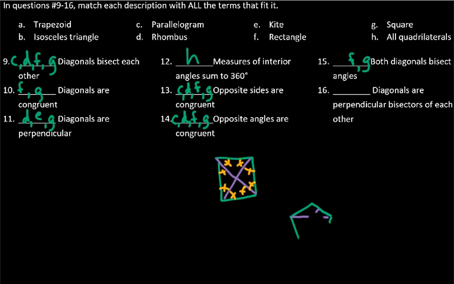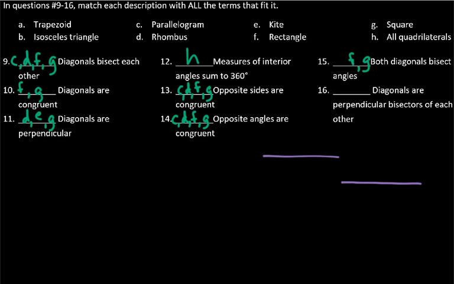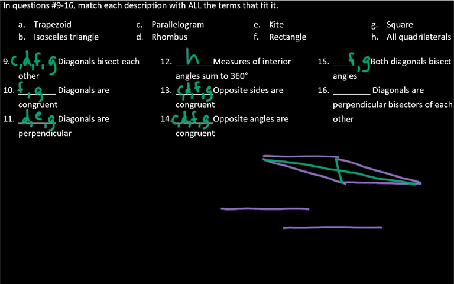Let's see, a parallelogram. Will a parallelogram always have diagonals bisecting the angles? It's good to draw unusual shapes to see.